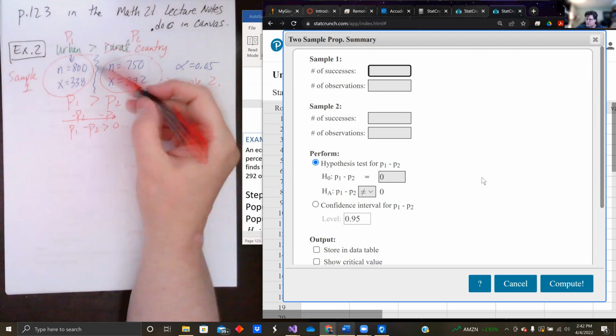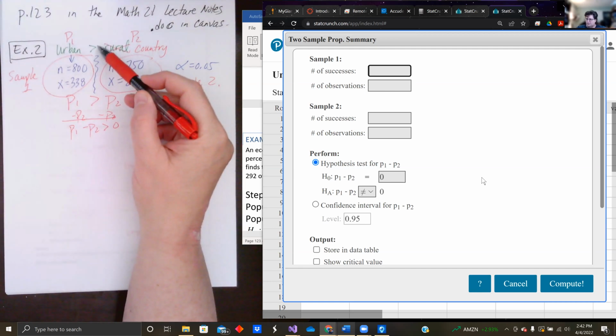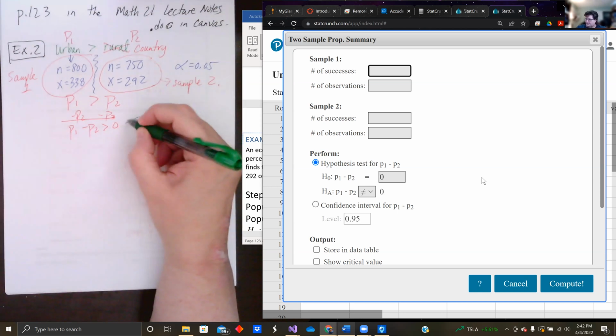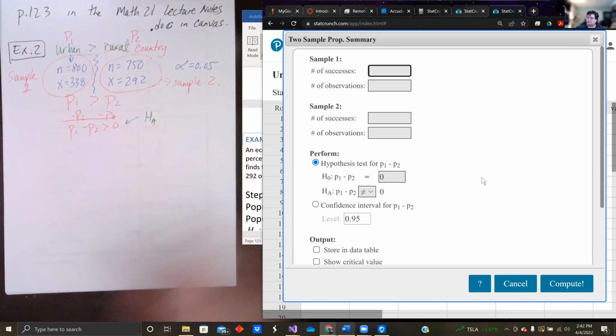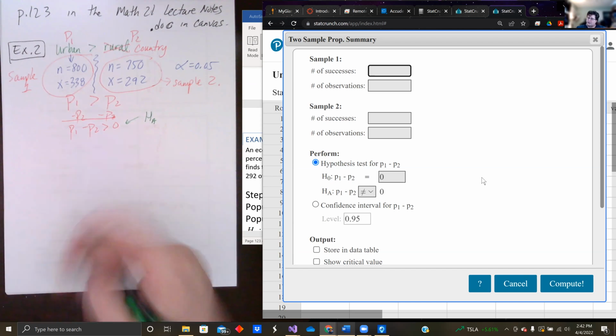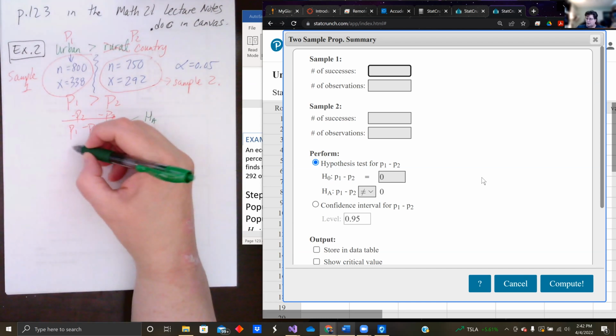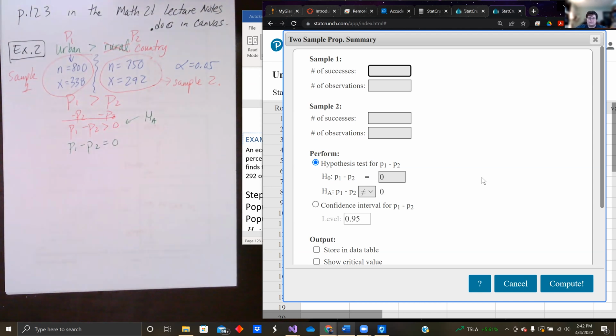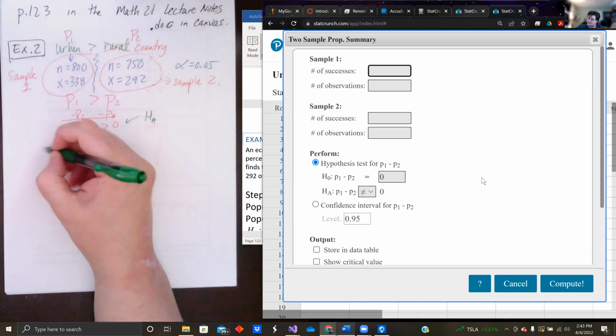Now, this is what the sentence said, and when we translate it out, this is what we get. That must be my HA, because it doesn't have the equal sign. So the H naught is going to be p1 minus p2 equals 0. That'll be H naught.